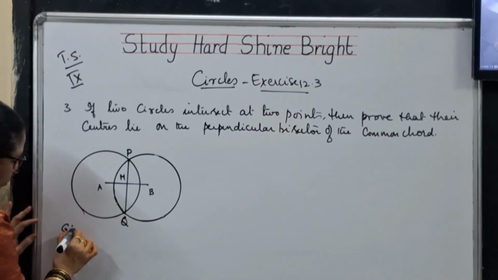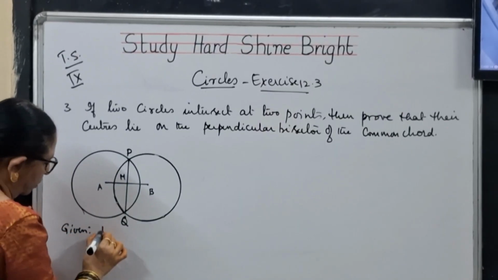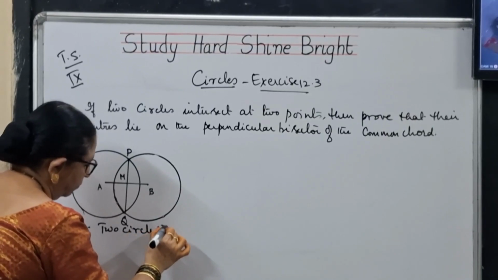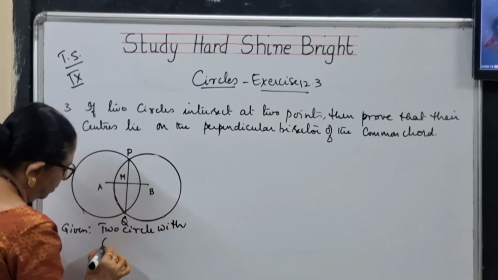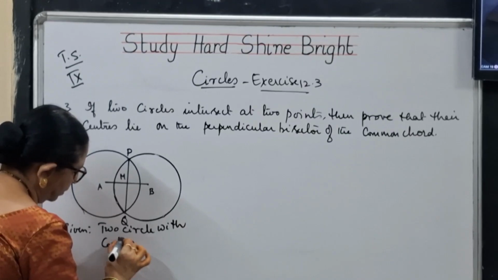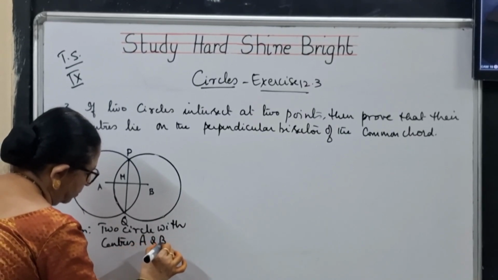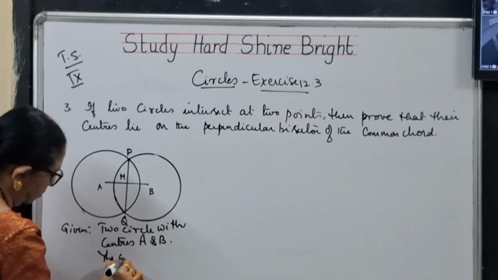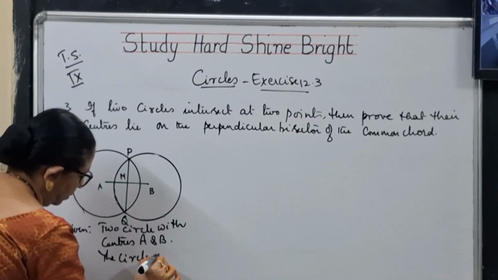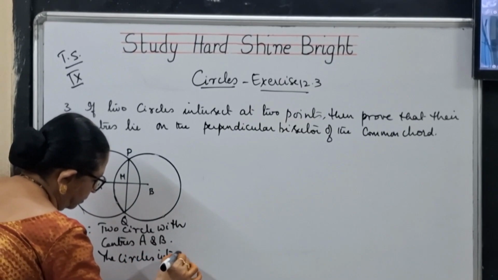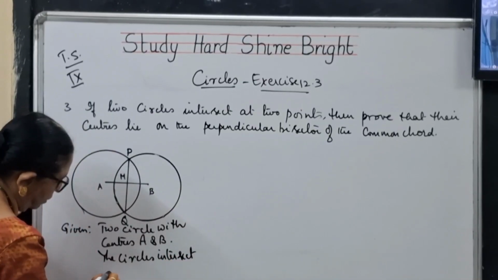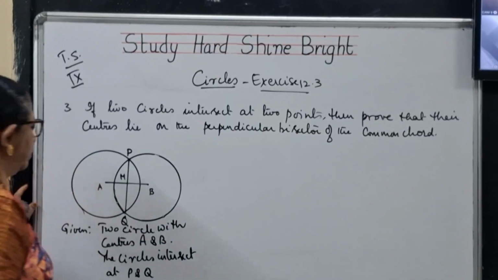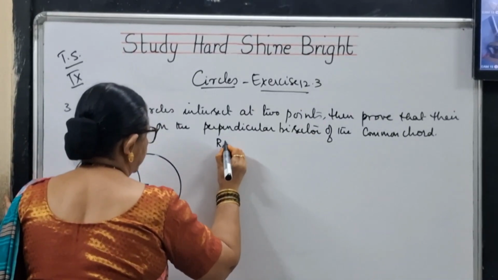So what is given to us? We have got two circles with centers A and B, and the circles intersect at P and Q. Now what is RTP?